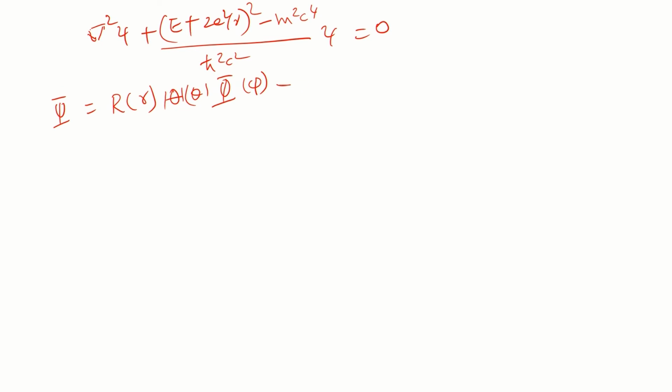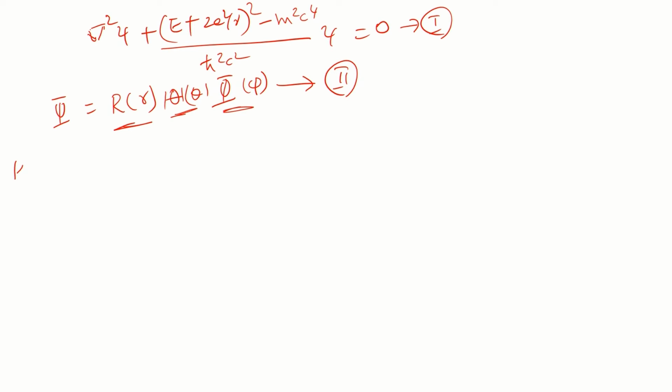Let this be equation 2. This equation 2 is to be included in the above equation, equation 1. So, equation 1 may be written in three different forms. The first one we call radial equation, the second one is angular equation, and the third one is also angular, but we call it azimuthal equation. So, three equations can be generated from the first equation.